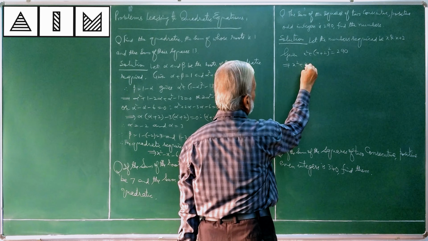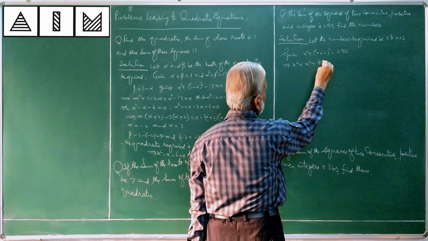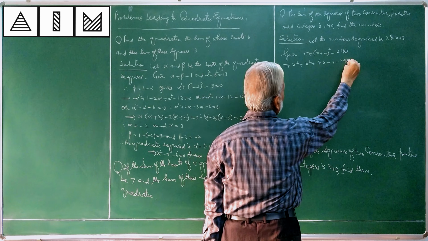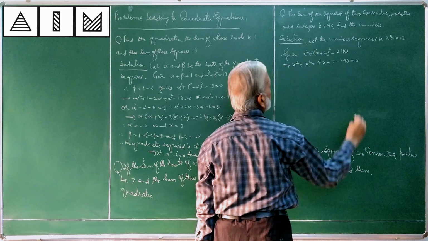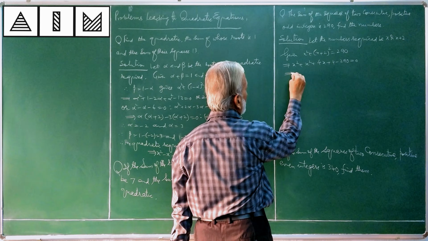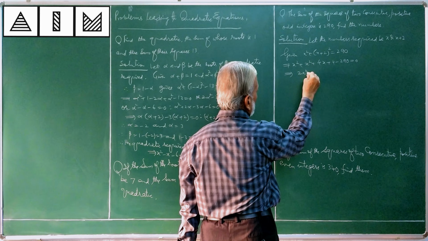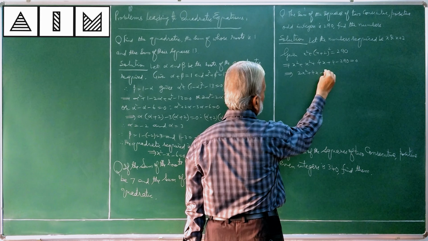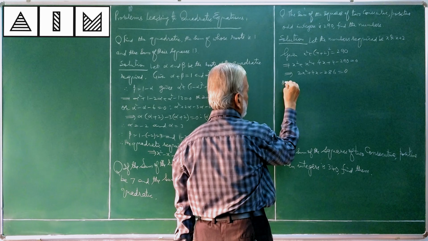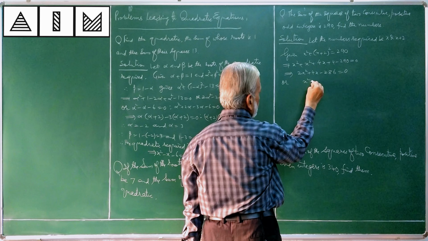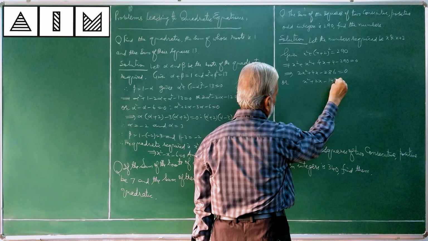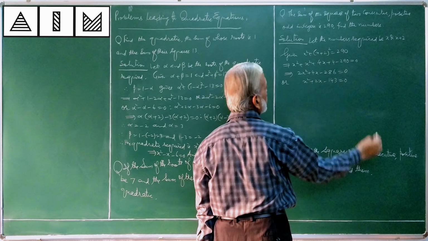X square plus 4x plus 4 minus 290 is equal to 0. Proceed. 2x square plus 4x minus 286 is equal to 0, or dividing by 2, x square plus 2x minus 143 is equal to 0.